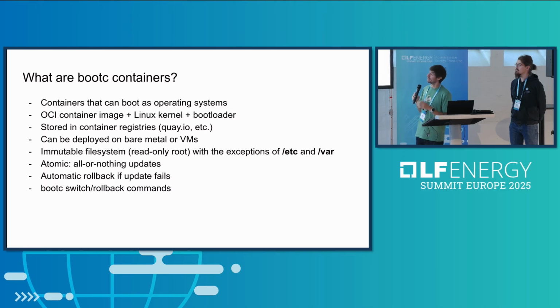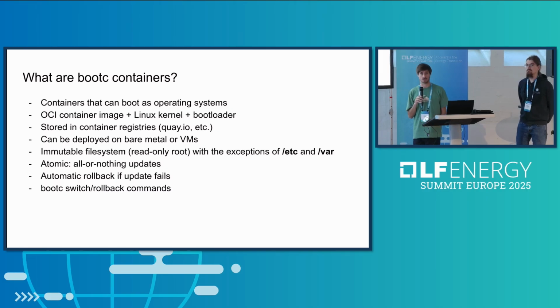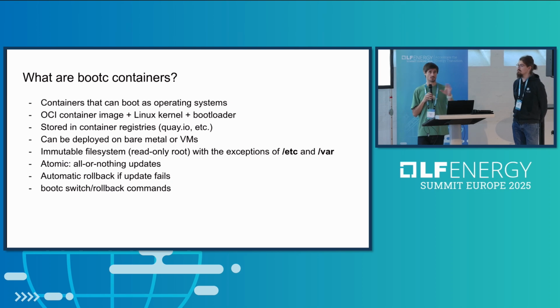And they are generally stored as images in some registry. The registry could be local or remote. They could be used to deploy bare metal hosts, as I showed you before, or virtual machines. They propose an immutable file system in which only some directories are writable.